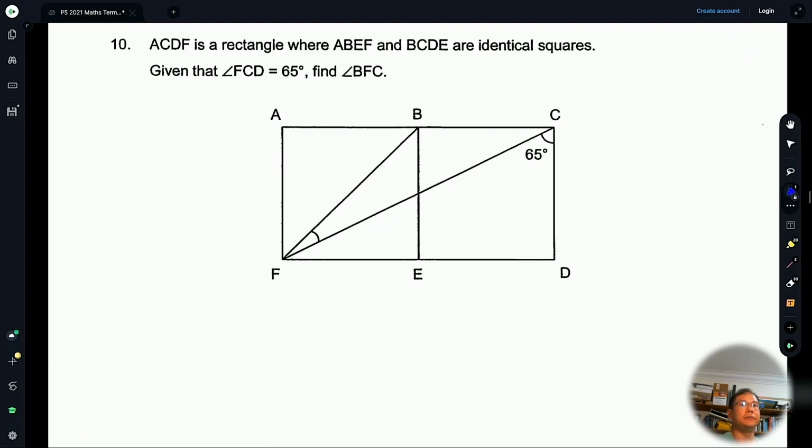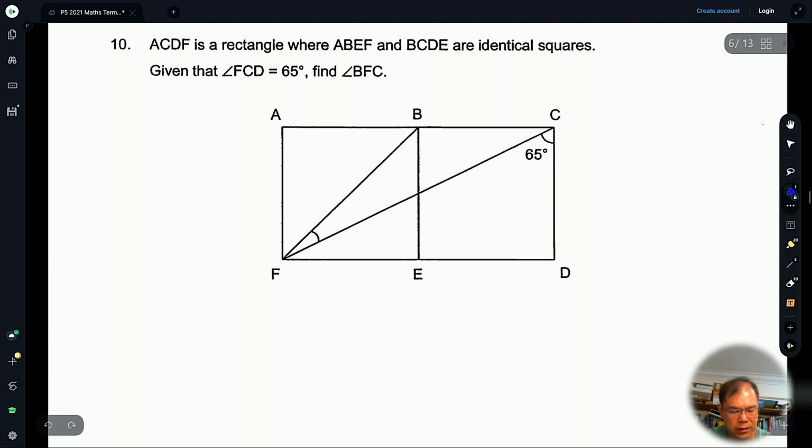Number 10. ACDF is a rectangle where ABEF and BCDE are identical squares, right? Given that angle FCD is 65 degrees, they ask you to find angle BFC.